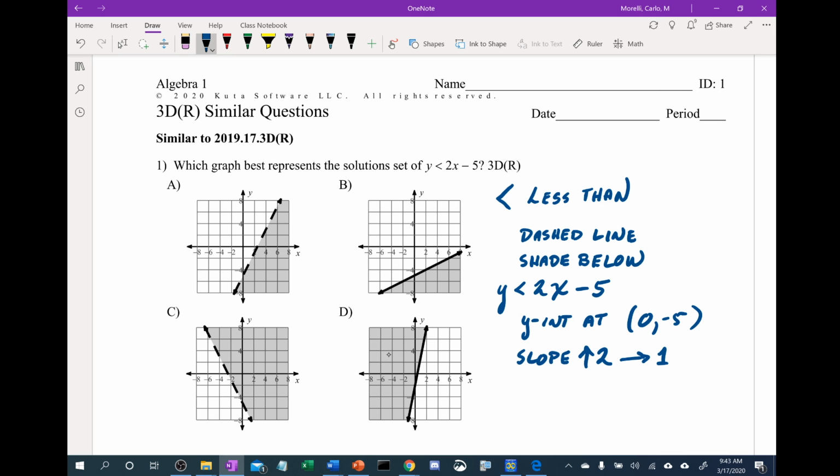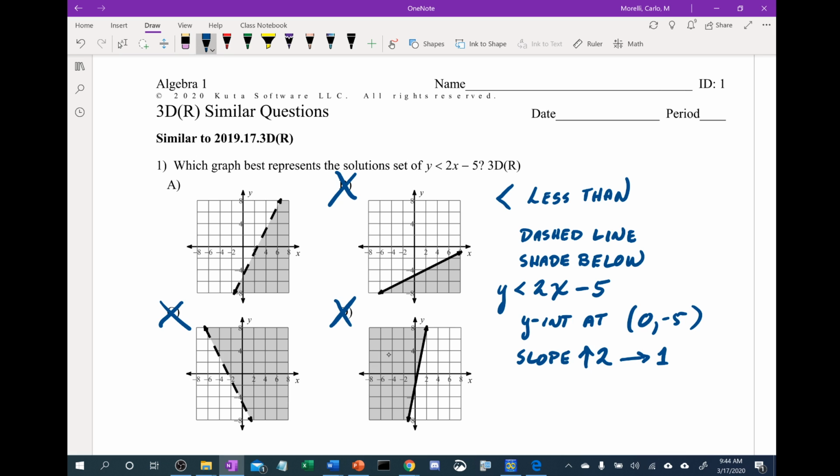So let's see, we can eliminate any answer choices that are solid lines, so it's neither B nor D. And then remember, it's a positive slope, so it goes up from left to right, and that eliminates answer choice C. So by process of elimination, we think it's A, but before we circle it, let's double check.